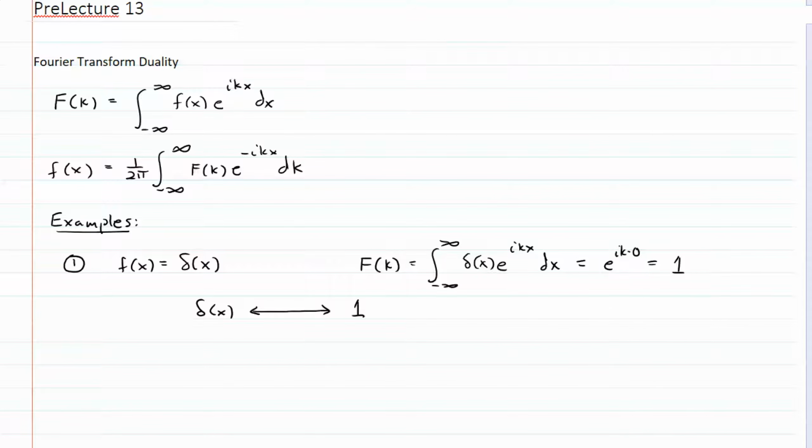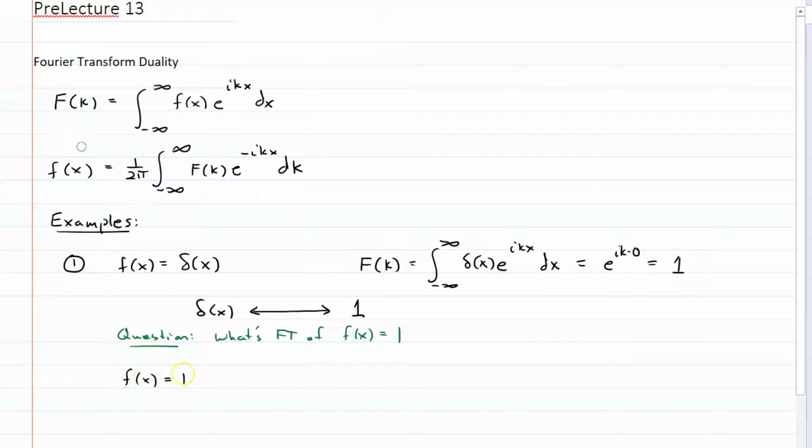Now let me ask a related question. What's the Fourier transform of f of x equal to 1? In other words, suppose I just took a constant. I want to know what is the Fourier transform of a constant. Well, let's work it out. So f of x is equal to 1.